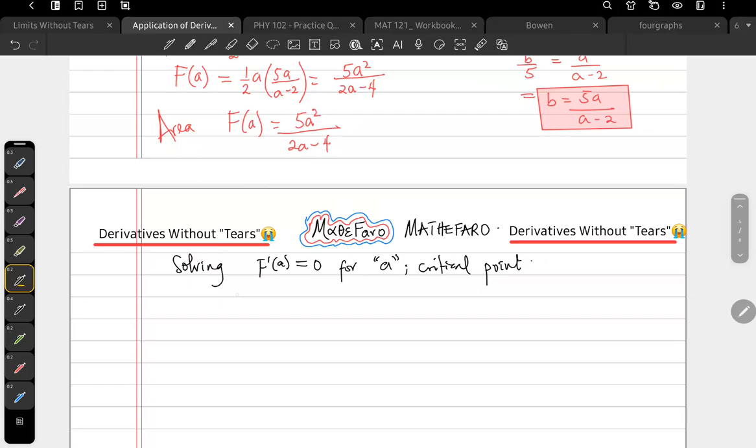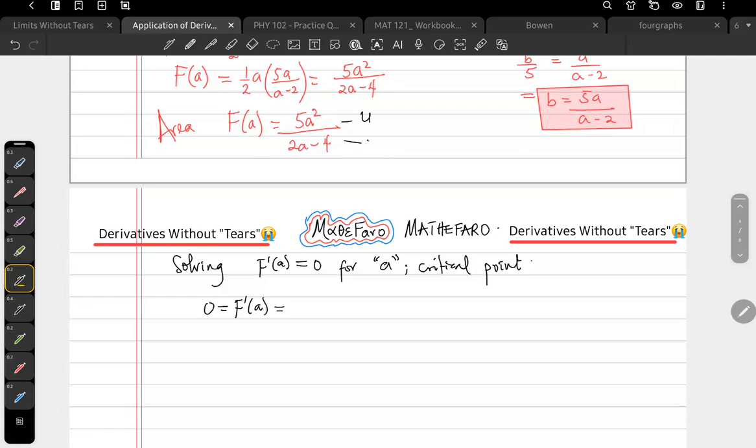So in this case, we have f of a equals 5a squared over 2a minus 4. To find the minimum point, we need to find f prime of a and set it equal to 0. So what is f prime of a? We'll take the first derivative of this. This is a quotient, where this is u and this is v.